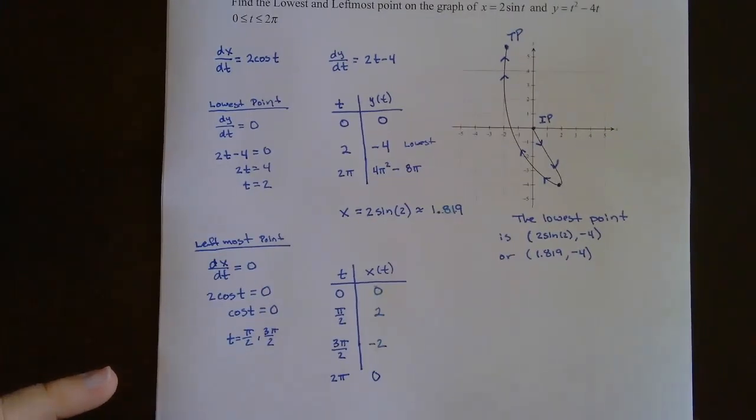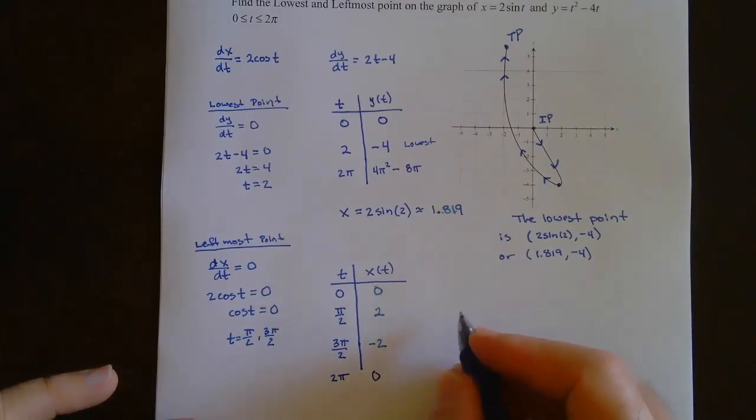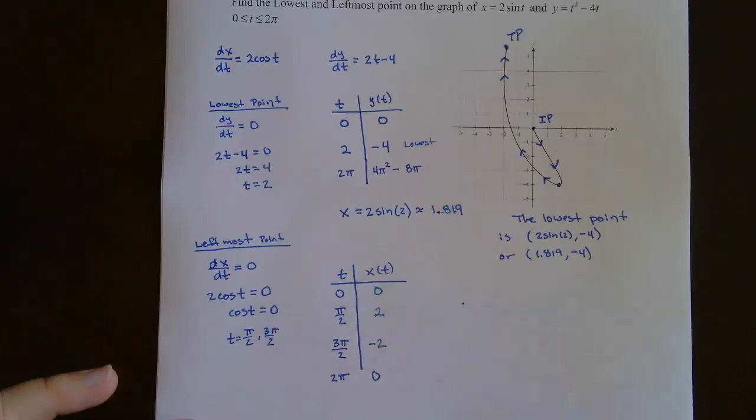Now, the leftmost point, and I need to figure out the x value there. Sorry, we got to find the y coordinate. What is my problem right now? y is equal to, and it's going to be at 3 pi over 2, so that'd be 3 pi over 2 squared minus 4 times 3 pi over 2.